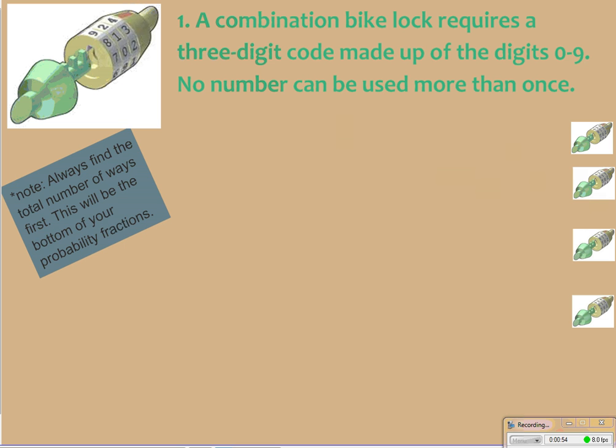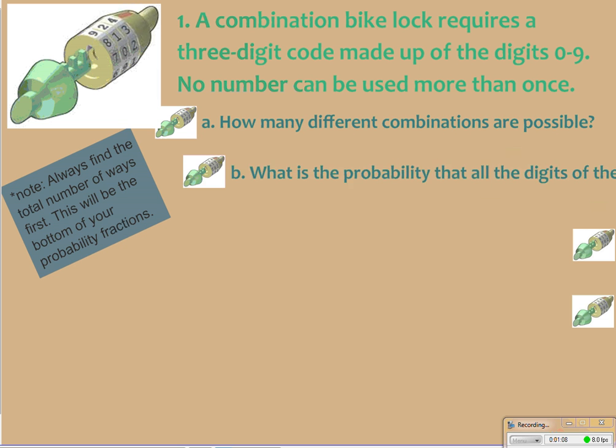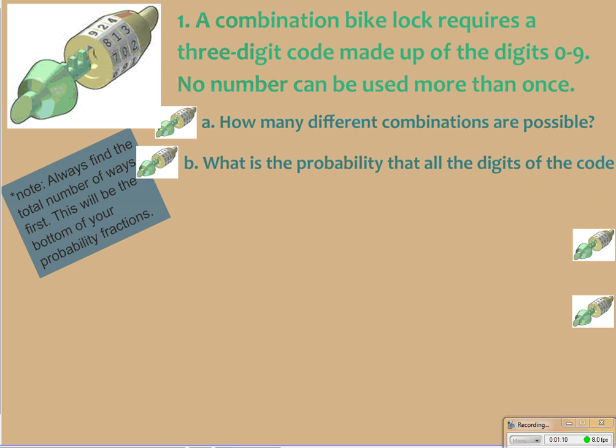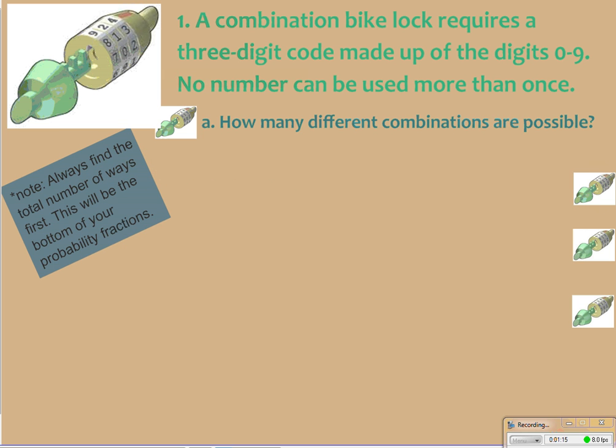So a combination bike lock requires a 3-digit code made up of the digits 0 to 9. No number can be used more than once. How many different combinations are possible? What is the probability that all the digits of the code are odd? Well, let's take a look at this. How many different combinations are possible? Well, you cannot use the same one more than once.